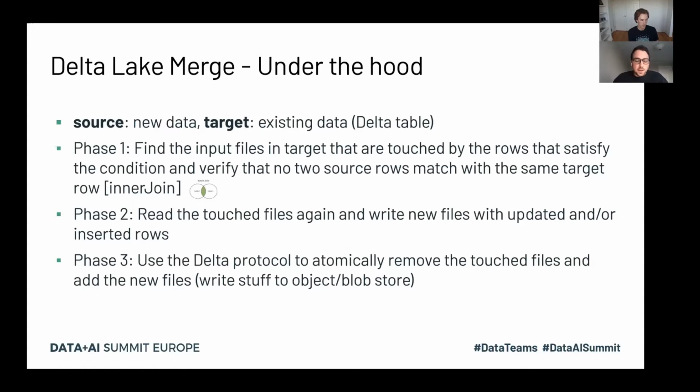So in that first phase, we're really narrowing down the candidate files. I'm just going to minimize this because I am blocking my own screen. What that really means is you can imagine that you have, let's say, 100 files in your target, your existing table. So 100 files that make up that data set.